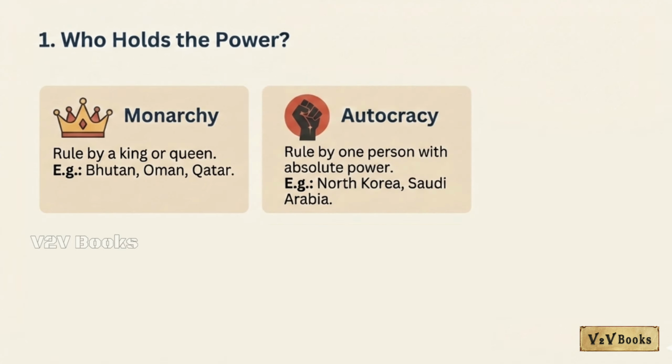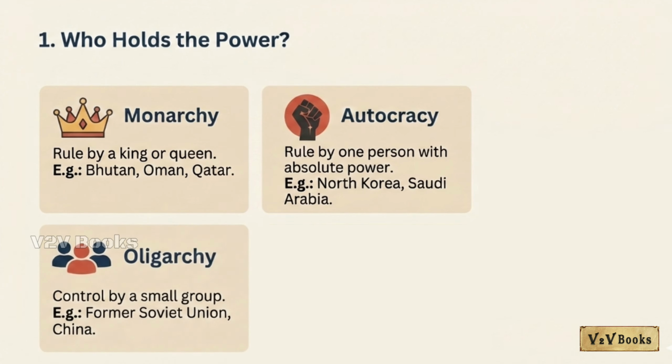Okay, now move a little ways down the spectrum. Here, you've got systems where power isn't held by one person, but by a small elite group. Now, this ruling group could be the richest families in the country, the top military generals, the leaders of a single political party. The key thing is that power is exclusive, and it's held by a tiny, privileged minority.